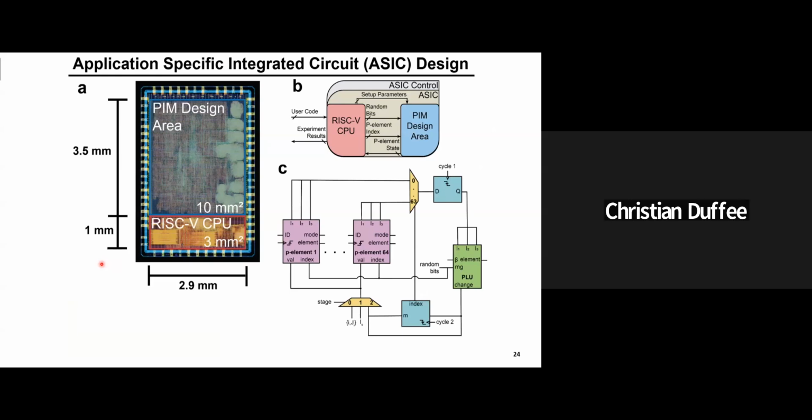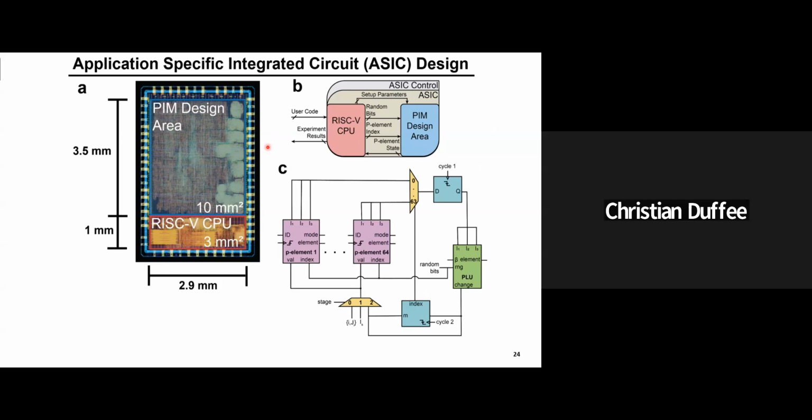Okay, so here is the application-specific integrated circuit design. It looks very similar to the first design I talked about. Unfortunately, we did not use MTJs for this. We used an onboard random number generator, which allows us to avoid having the issues where our MTJs would die.